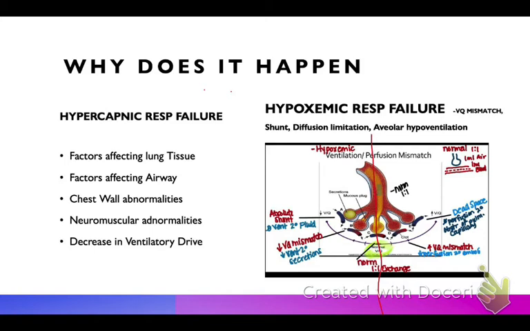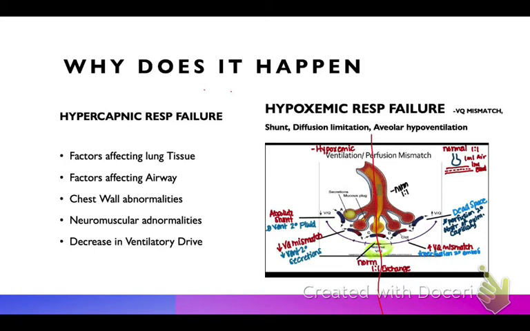What is ventilation? It's the process of moving air in and out. Well, let's say you give someone a big, huge dose of Dilaudid, and they're barely breathing. They're breathing only 8. Well, they're not moving air. They have a decrease in ventilatory drive. What's going to happen? They're going to have a buildup of carbon dioxide in their lungs because they're not blowing it off.